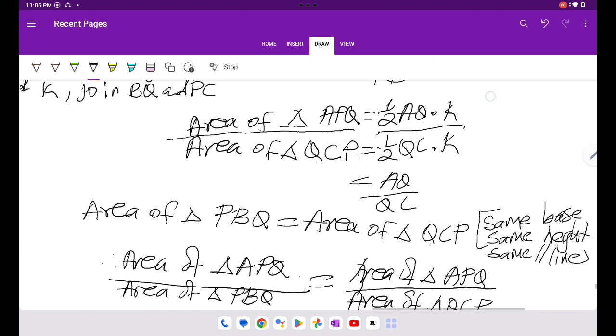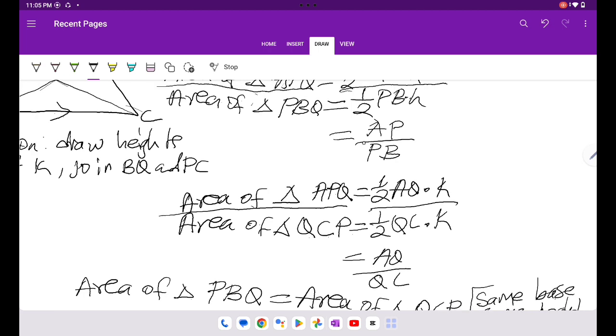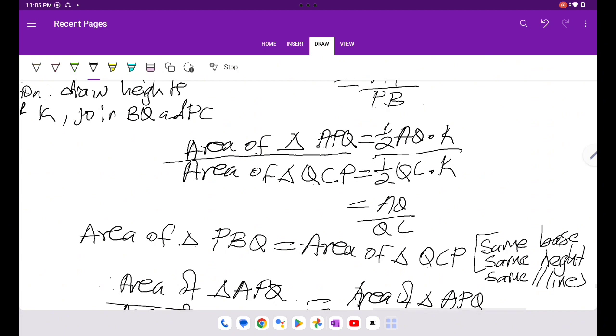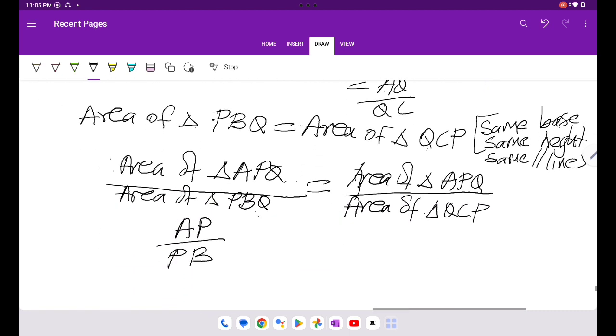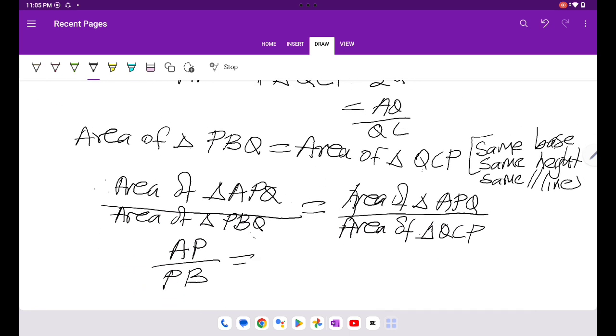So that's this first side. We said this is AP divided by PB, and this one, this area divided by this area, is AQ divided by QC. So it equals AQ divided by QC, and this is what we wanted to prove, that these are in the same proportion.